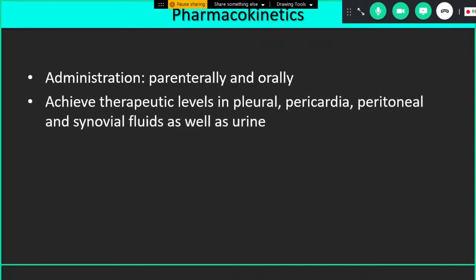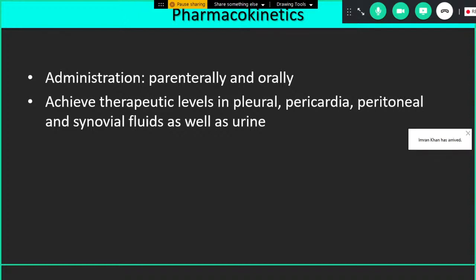The good thing is that they are distributed all across the body, even in the CSF, and they achieve very high levels in the pleural, pericardial, peritoneal, and synovial fluids. That means they can be used for any respiratory infection, especially in the lower respiratory tract. They are very effective.